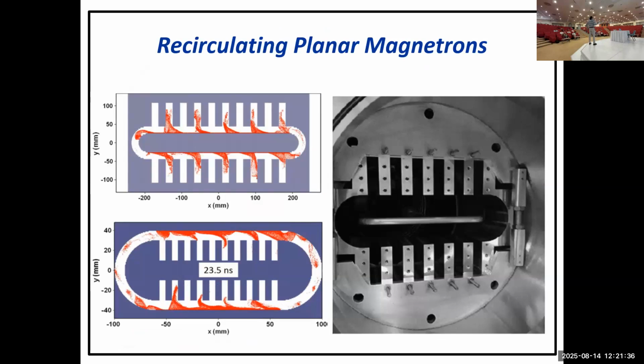And in the morning you saw the inverted magnetron. Inverted means the cathode is the outer electrode. So this recirculating planar magnetron gives a bigger area of emission, so you can have more electrons, higher current, and then you can generate higher power. This is one of the advantages.